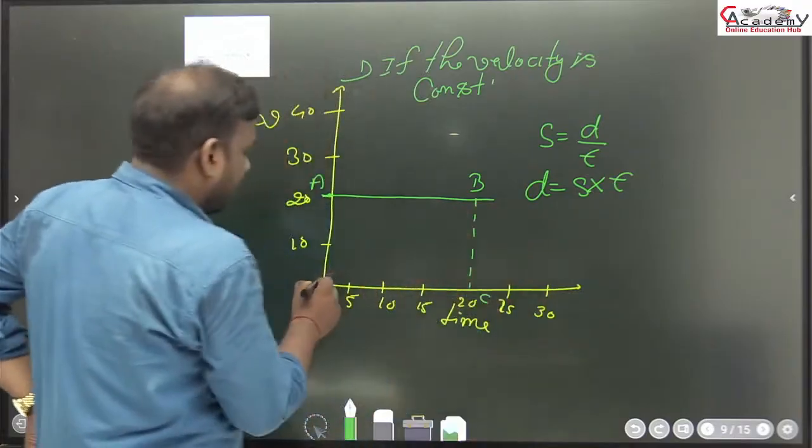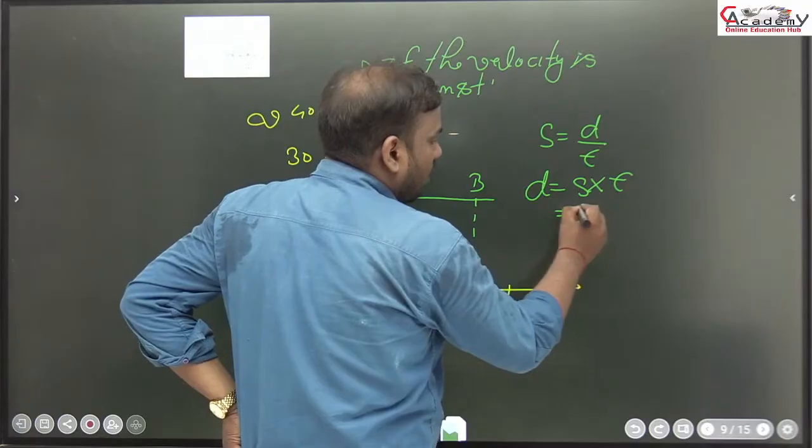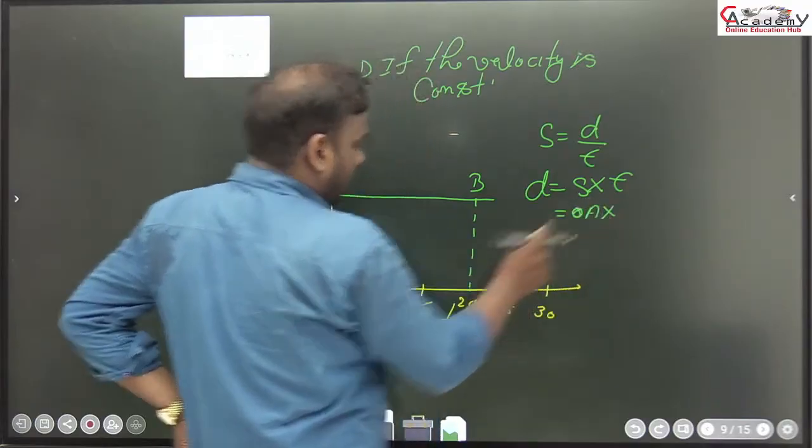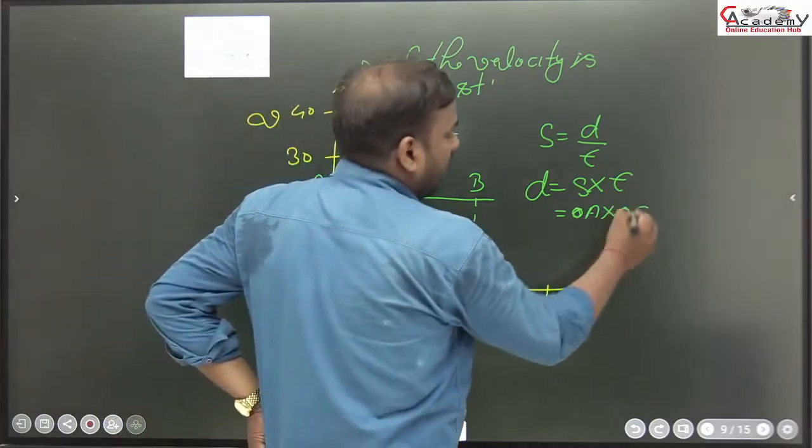What is the speed here? Speed is OA, and the time taken by the object is OC.